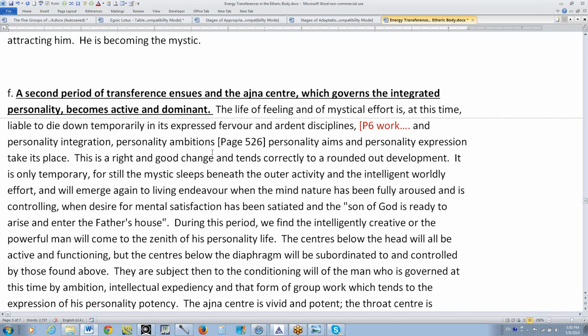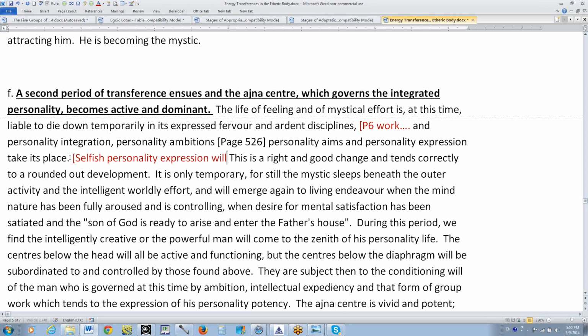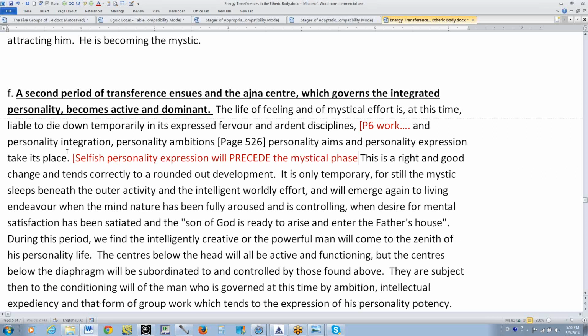Now, you know, we have to be careful here because there is this phase that sometimes precedes the mystical phase. Let's say selfish personality expression will precede the mystical phase.